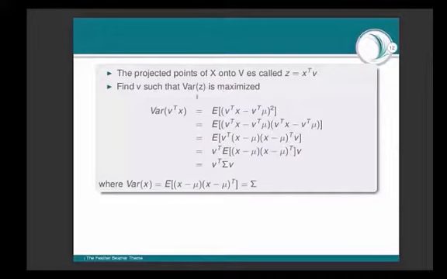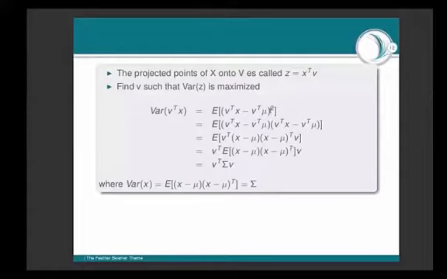Maximizing the variance is equivalent to minimizing the Euclidean sum of squares projected error. The variance of b transposed times X is given by the expected value of the square of b transpose X minus b transpose mu.